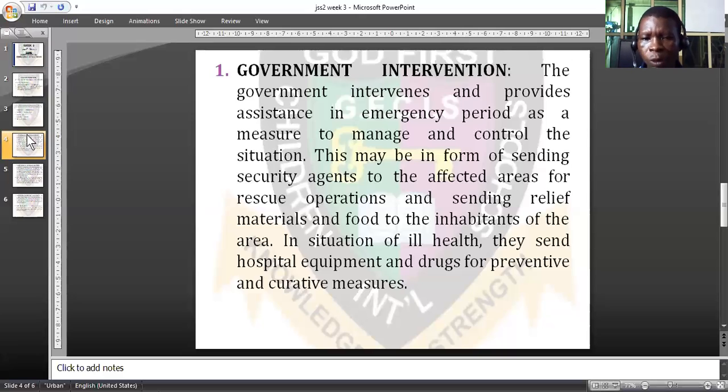They send hospital equipment and drugs for preventive and curative measures. They send the experts to the area to treat those people that are affected by the ill health.